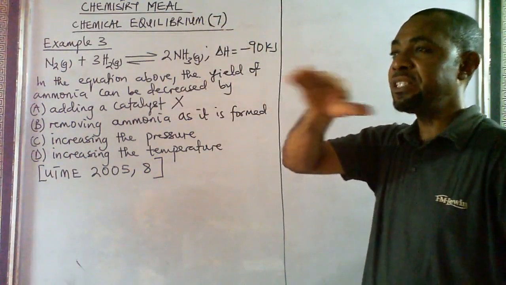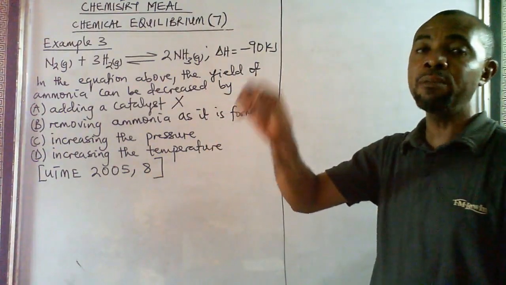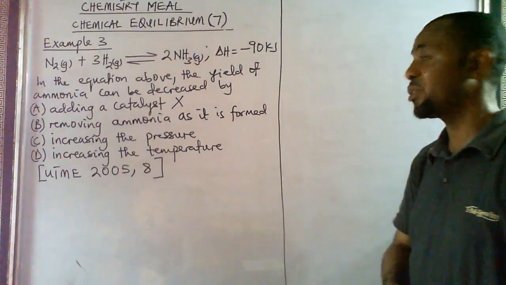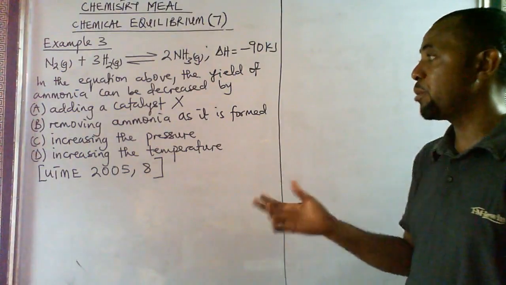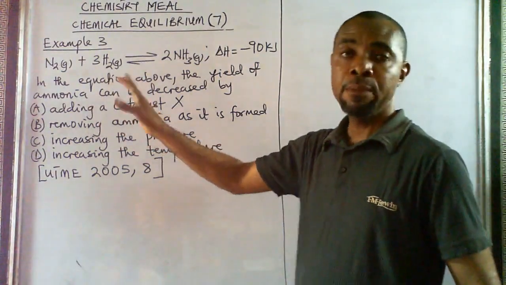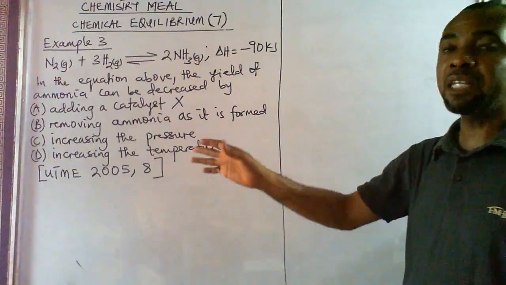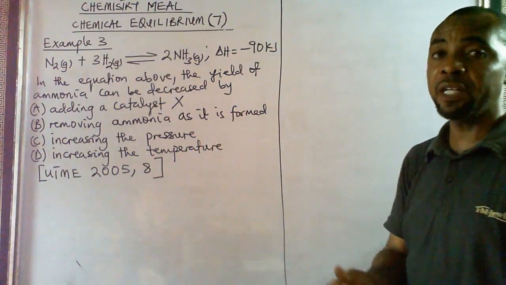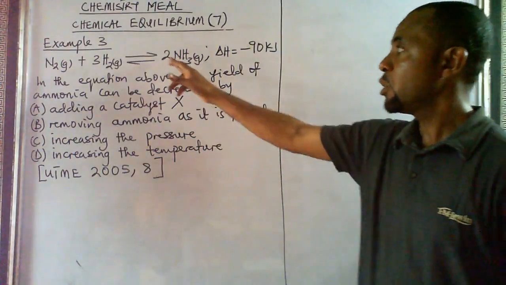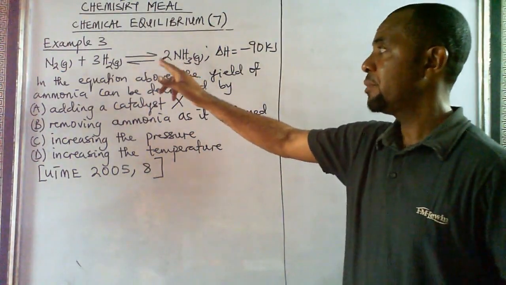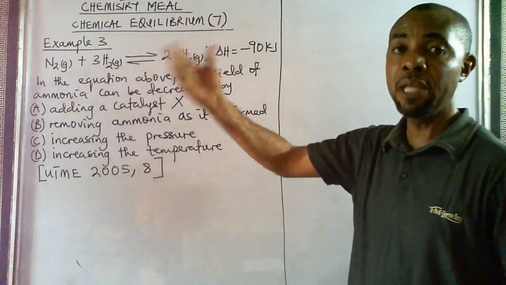But once a system is already in equilibrium, introduction of a catalyst will not have any effect on that system. So this can never be the answer, because catalyst has no effect on a system that is in equilibrium.